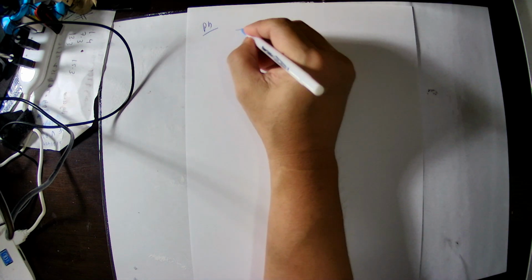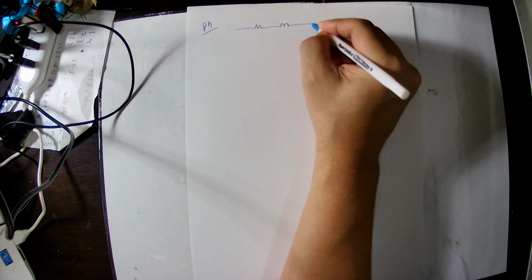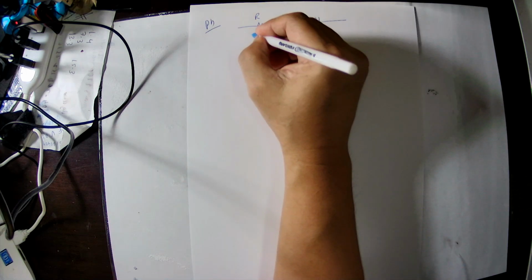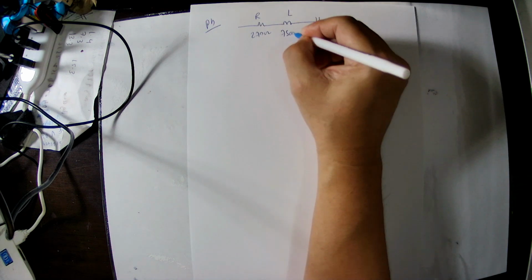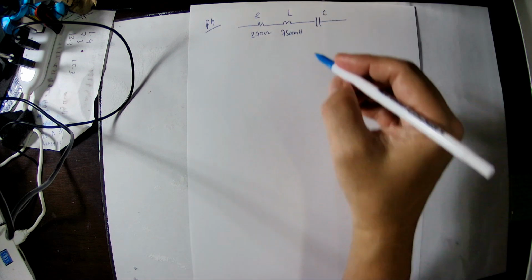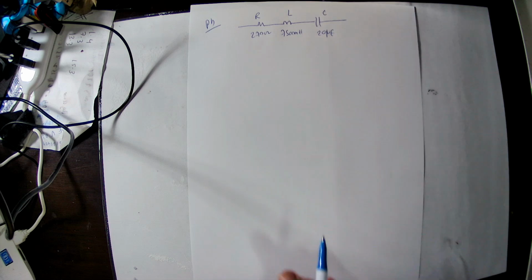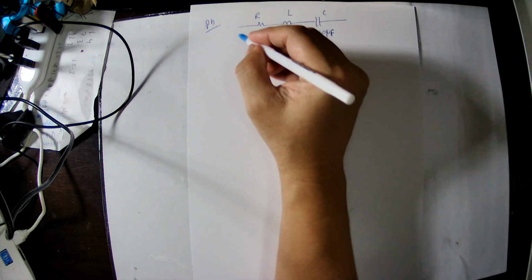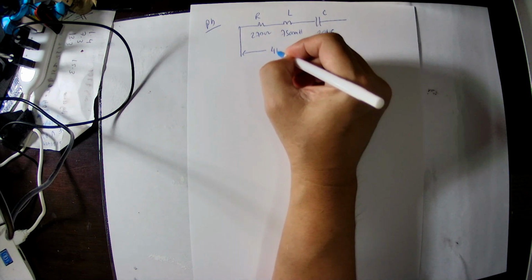Resistor, inductor, and capacitor are connected in series. Resistor R is 270 ohm. Inductor L is 750 millihenry. Capacitor C is 20 microfarad.